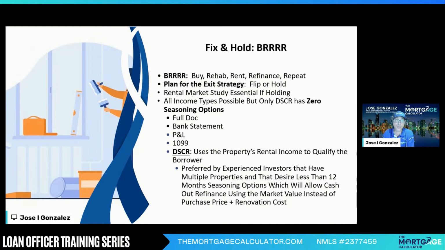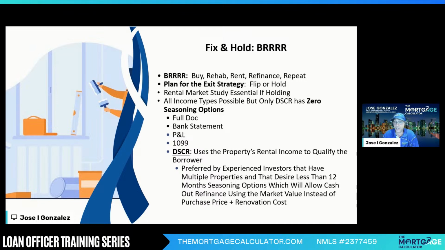Now, of course, you can refinance into a full doc, bank statement, P&L, or 1099 option. But again, the DSCR is the preferred one of experienced investors because it uses the property's rental income to qualify the borrower and not the borrower's personal income.